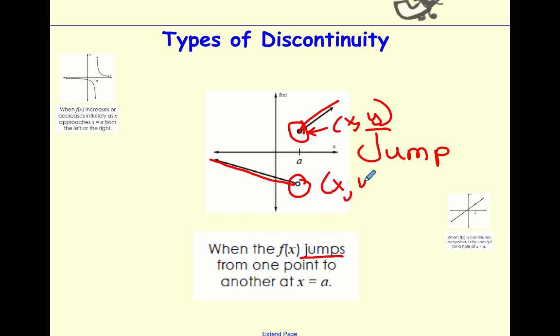This xy value here has the same x, but a different y, but because of the open circle, this is not part of the function. So what it says is f of x jumps from one point to another at x equals a. So they're both lined up. So my domain here is all real numbers, but my range, when I get to this point right here, isn't continuous right there. So it's called a jump, not a technical term.